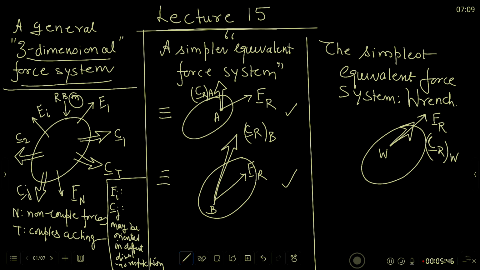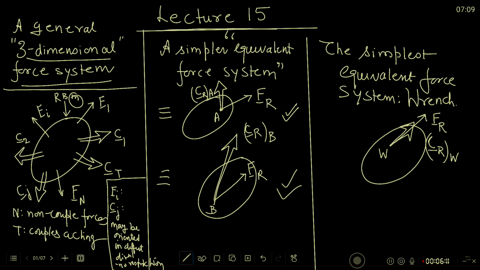It is simpler because in these two force systems, CRA and CRB have a general orientation. CRA and CRB may have a component along Fr, and in general also a component perpendicular to Fr.